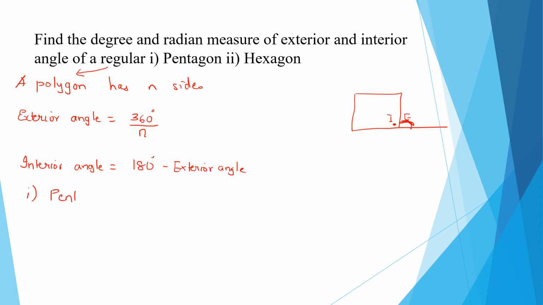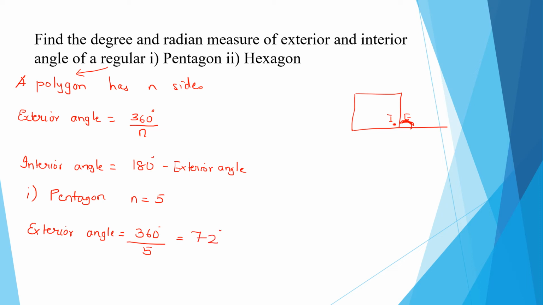Now for a pentagon, what is n? 5. For a regular pentagon, n is 5. So my exterior angle will be 360 degree upon n. n is 5, so 360 upon 5: 7s are 35, 72.